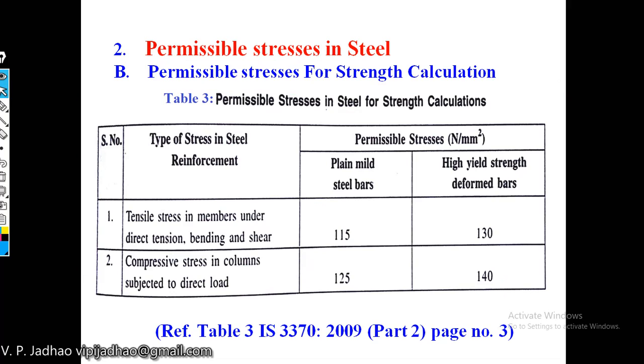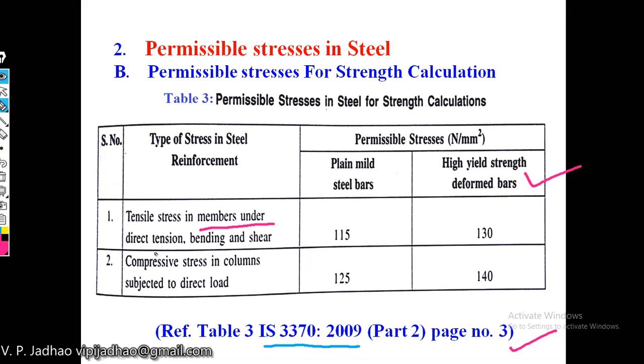Then we have this particular table, table number 3, also given in IS 3370 part 2, 2009 version, at page number 3. It gives the values of tensile stresses in the steel. We need HYSD steel only.